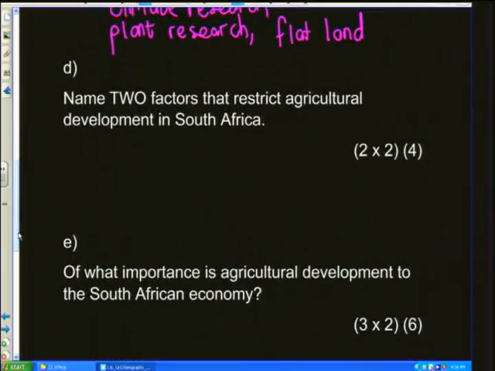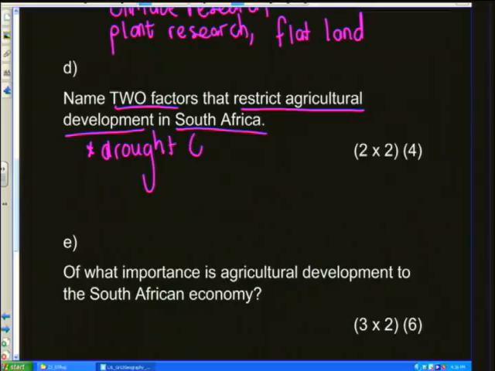D, name 2 factors that restrict or stop agricultural development in South Africa. So these are the not so nice things that hamper our development here. All right, so again, you can say that we have too much drought, and I'm going to specify that especially to the western parts of South Africa.